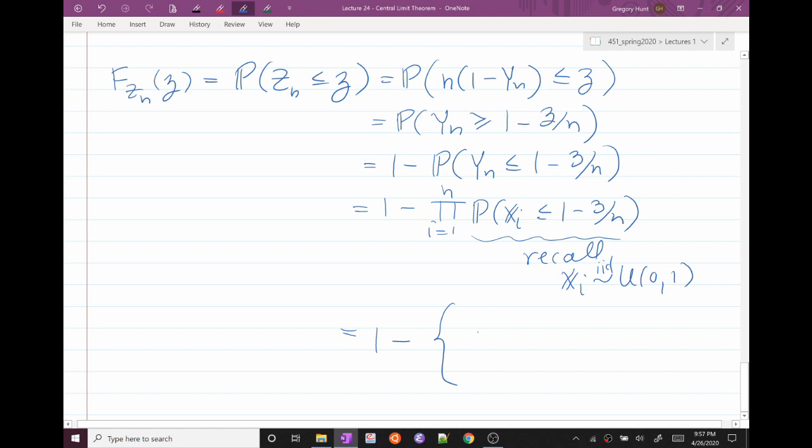If z over n is bigger than or equal to 1, we're going to get 1.